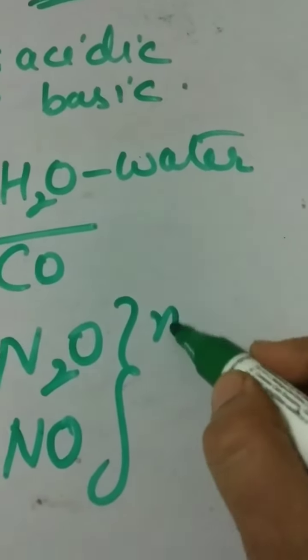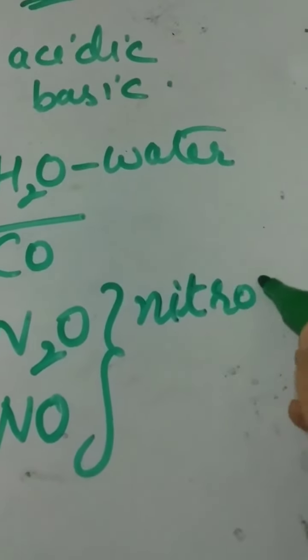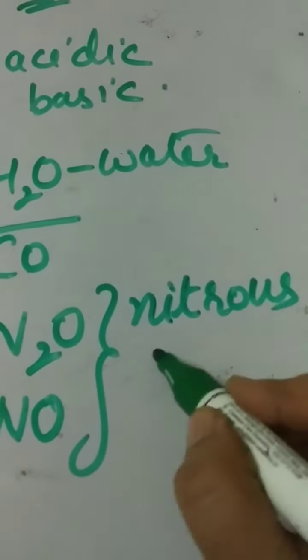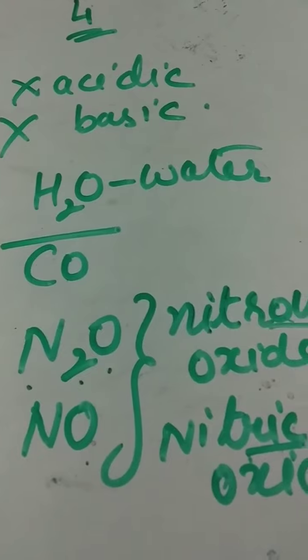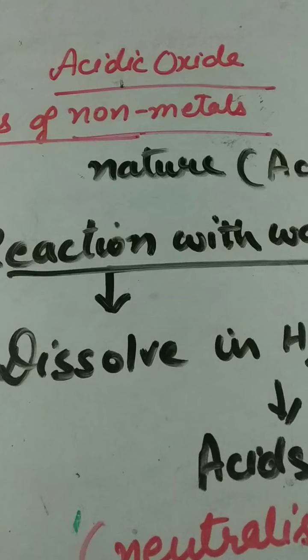These two formulas you have to learn and see the difference while writing the names of these two given neutral oxides. It is nitrous, it is nitric. Nitrous N2O, nitric NO. And these neutral oxides do not change the character of an acid or a base.